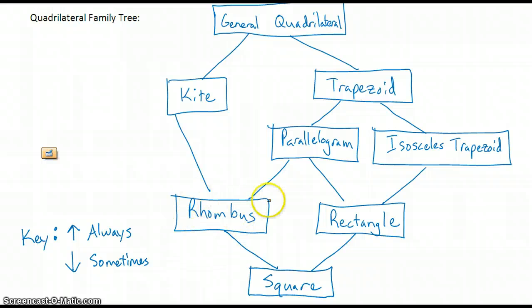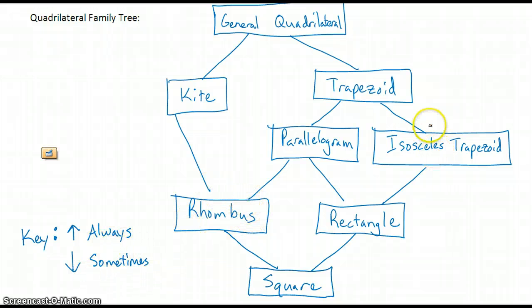How about the rhombus and the isosceles trapezoid? Well, the only way I can get from the rhombus to the isosceles trapezoid is to zigzag. Either I have to zigzag up to parallelogram, then rectangle, then isosceles trapezoid, or zigzag from parallelogram to trapezoid back down to isosceles trapezoid. Either way, I have to go down.